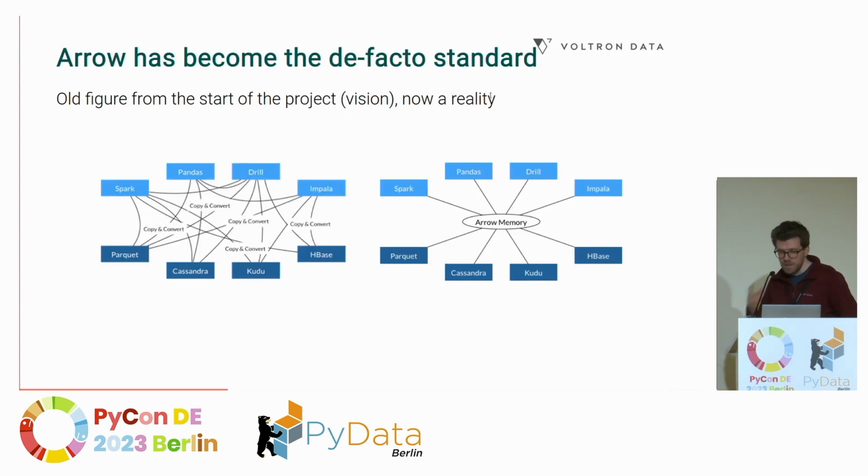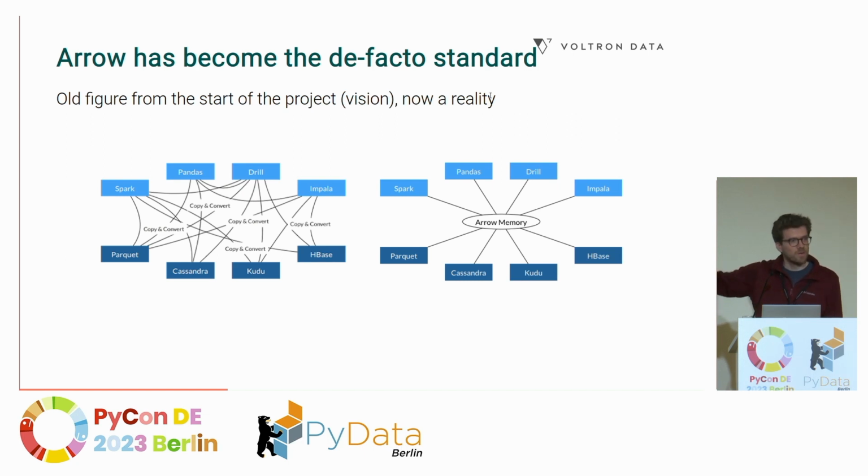And I want to point out that it has nowadays really become the standard. This figure is a very old figure, I think 6 or 7 years old, made in the beginning when the Arrow project was started. At the time when the figure was created, this was really the vision of Arrow.